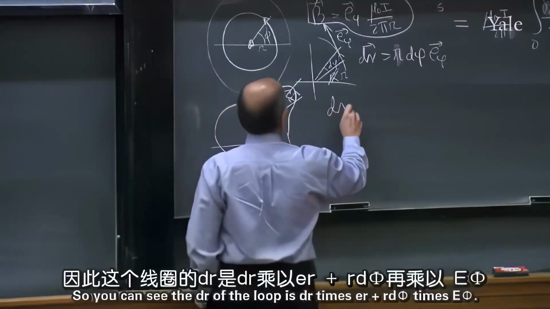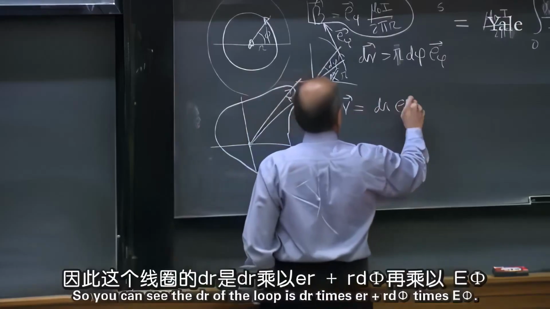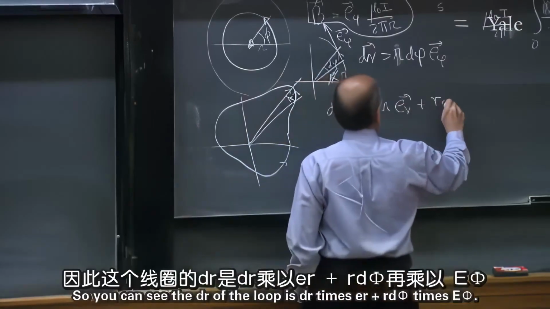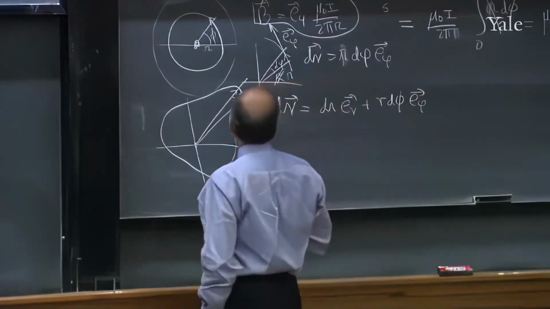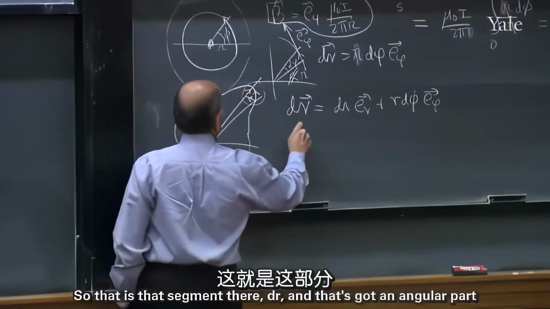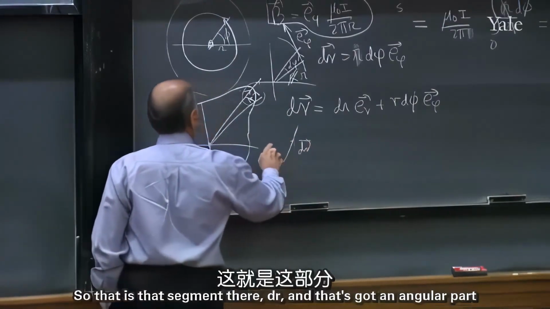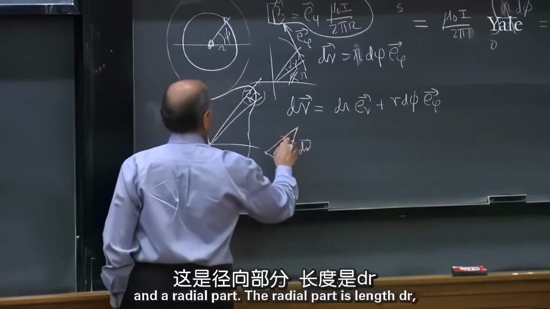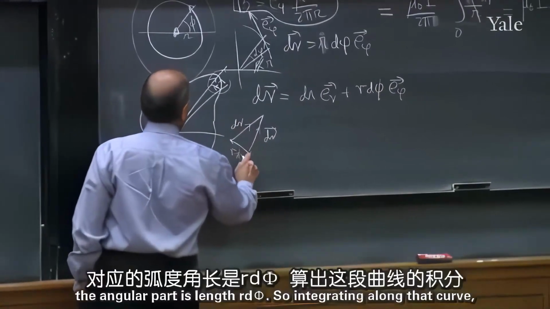So you can see the dl of the loop is dr times e_r plus r dphi times e_phi. Let me blow this up for you. That is that segment there, and it's got an angular part and a radial part. The radial part is length dr, the angular part is length r dphi.